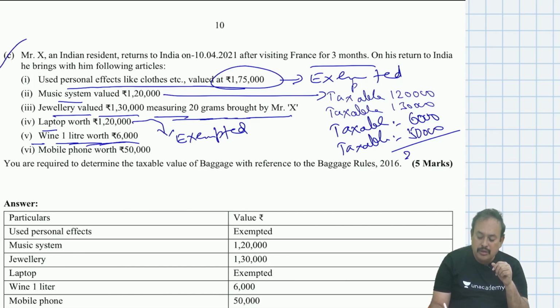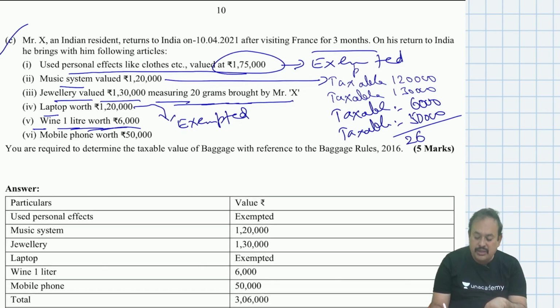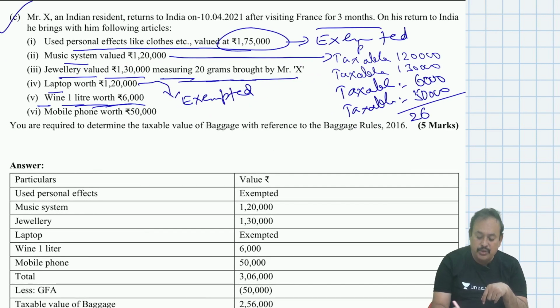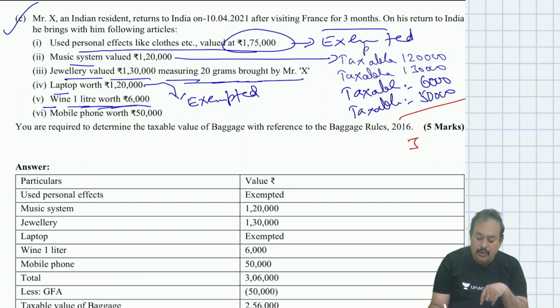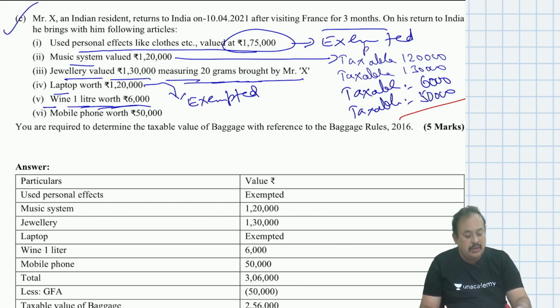Total here, almost 2,60,000. Am I right? Here, let me say 3,60,000. The value comes here: 1,20,000, 1,30,000, thereafter 6,000, then 50,000.